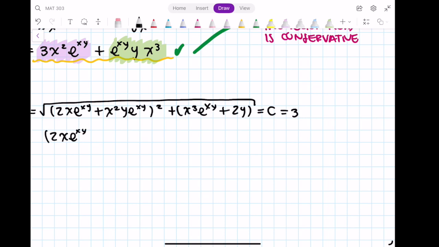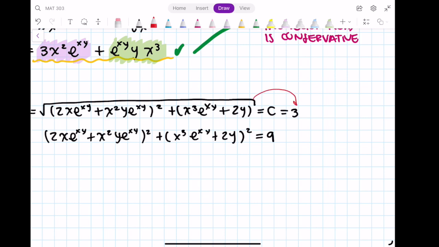So here will be 9, because if we pass the square root, will be 2 here, so it will be just 9, right?